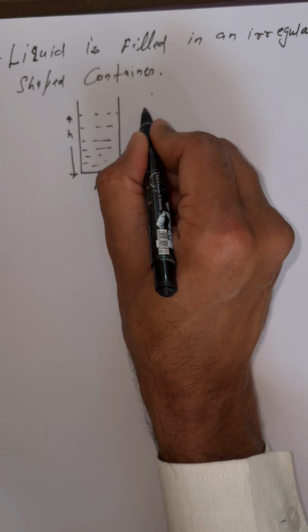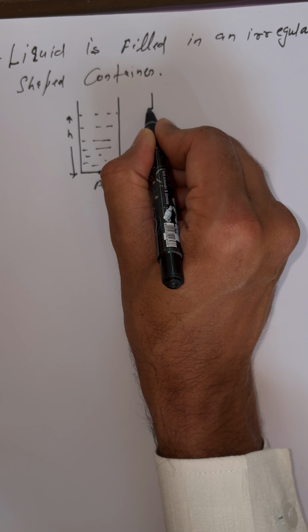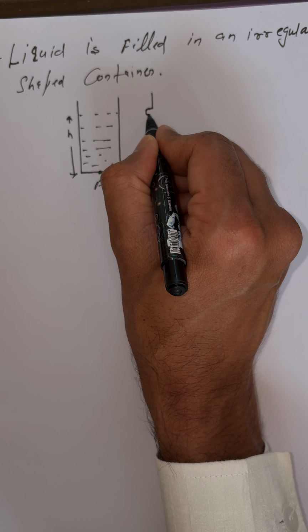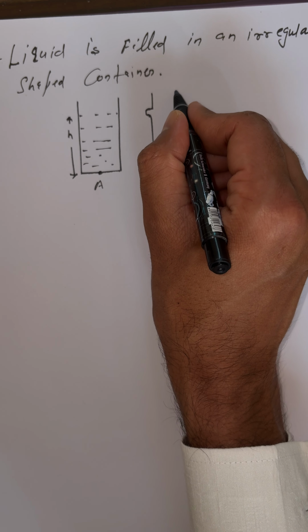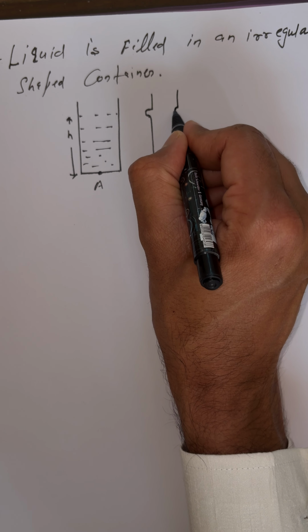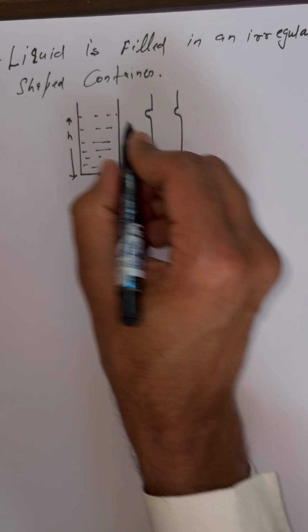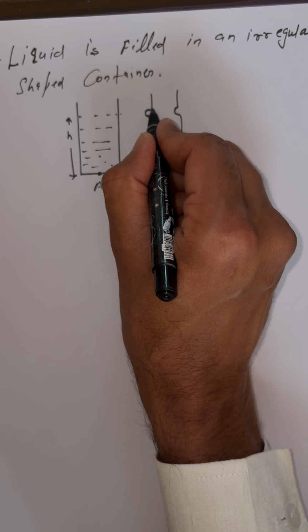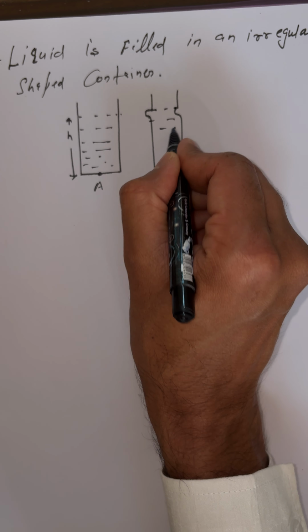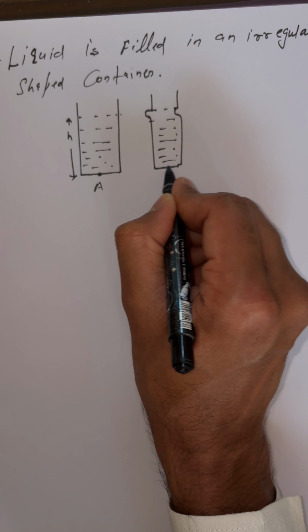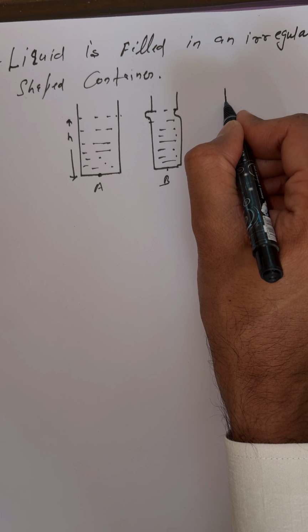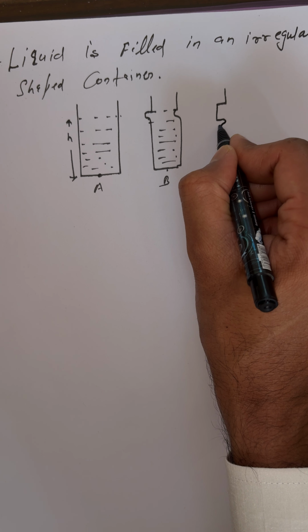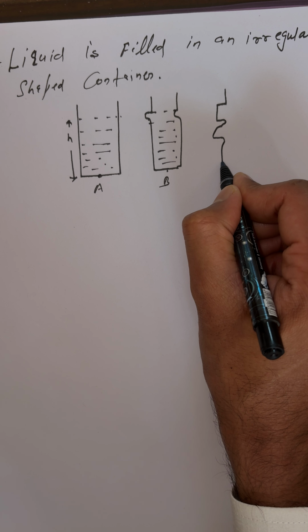Now students, you can take, as I said, an irregular shape. The height of the liquid remains the same, h only. Now we can say this is a regular shape.